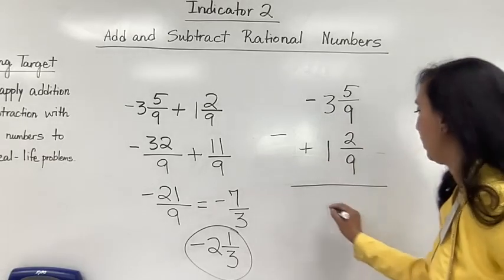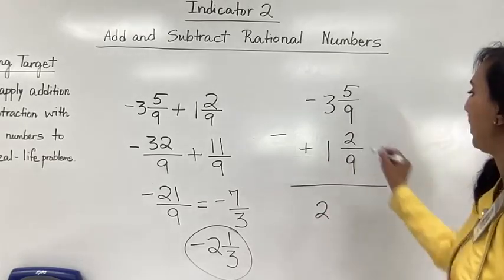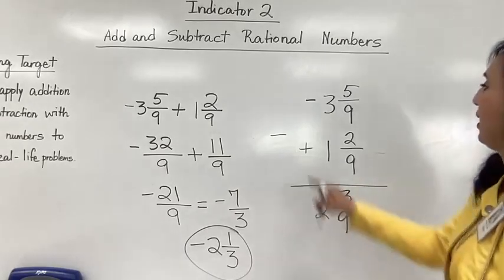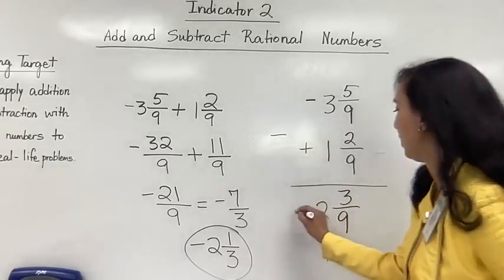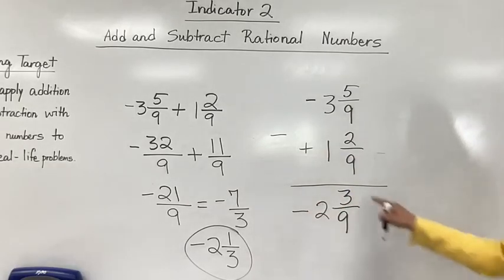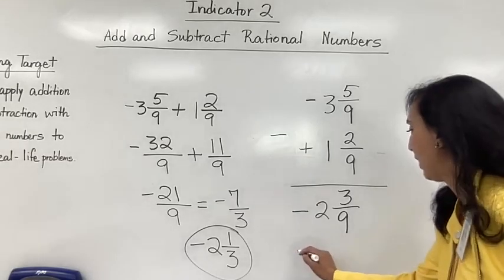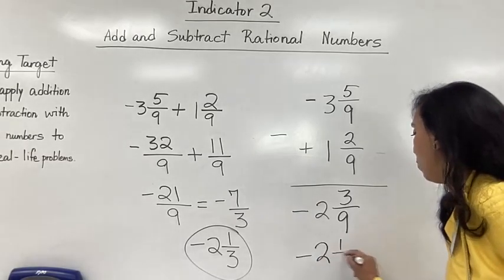So 3 minus 1 gives me 2. 5 minus 2 gives me 3/9, right? And the sign in front of the bigger number is negative. And then 3/9 can be simplified. And so I actually get negative 2 and 1/3.